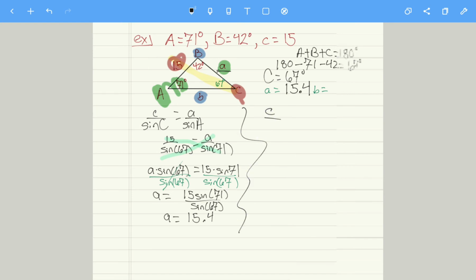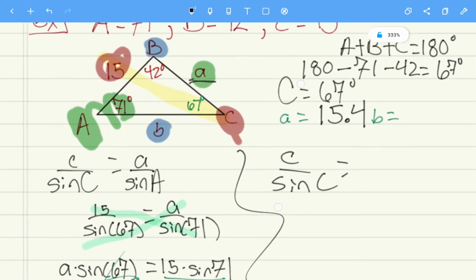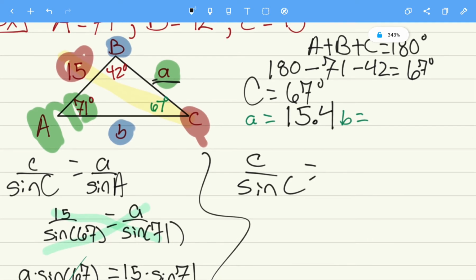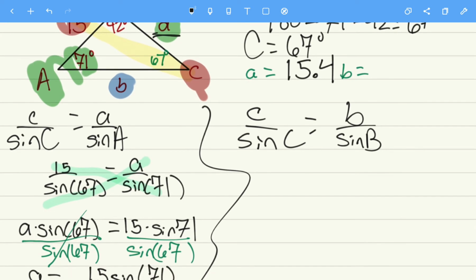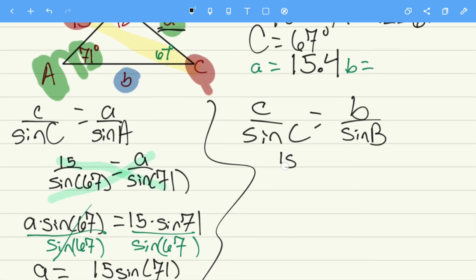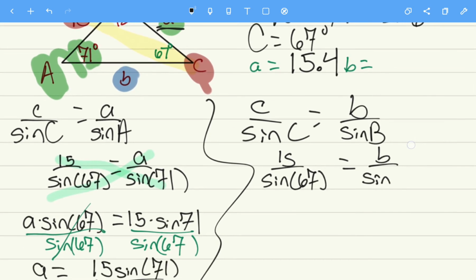So we know C over sine of C. And you could use A now if you want to, but I'm going to stick with C. And then we're going to set that equal to B over sine of B. Plug in our numbers. 15 over sine 67 equals B over sine of 42.